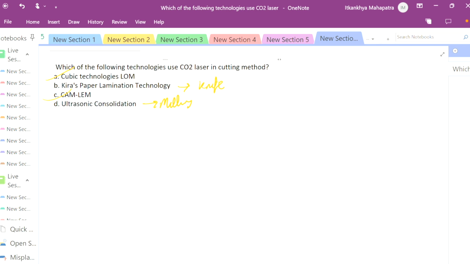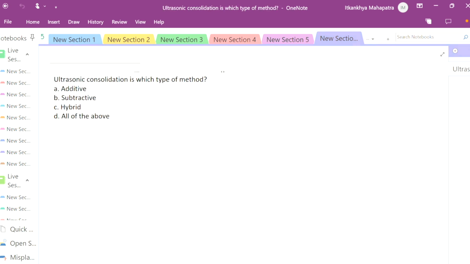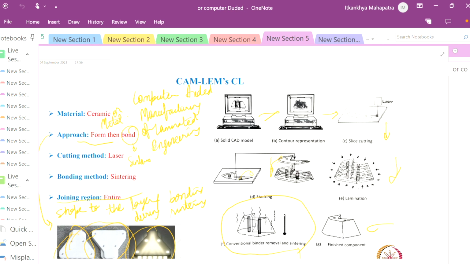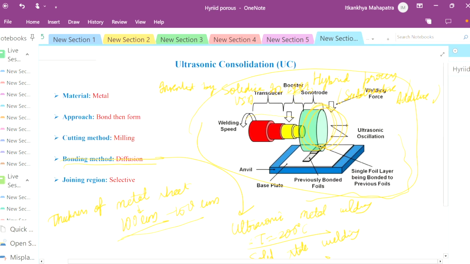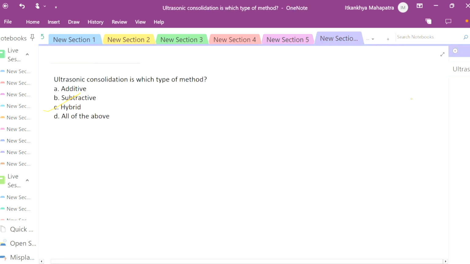Now the next question is on ultrasonic consolidation, which we already discussed. This is a hybrid type of method where the process is both subtractive and additive.